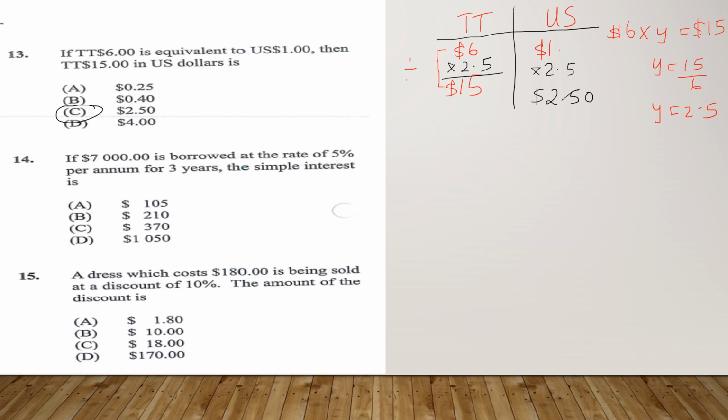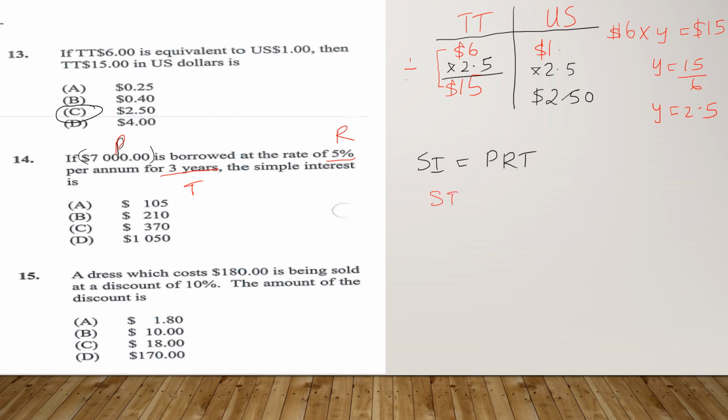14. If $7,000 is borrowed at the rate of 5% per annum for 3 years, the simple interest is, so we need the simple interest formula. So it's SI equals PRT. This is P. And 5% is the rate, and 3 years is the time. So let's substitute.